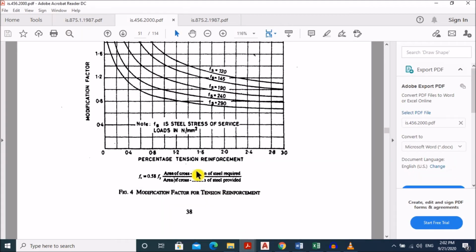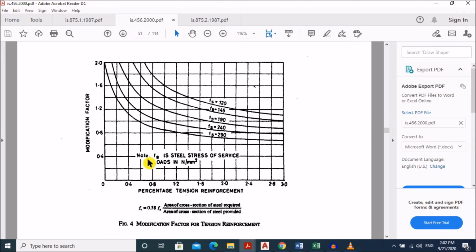Now we have to look at the figure graph. This is 240, and 271 lies between 290 and 240. And the percentage of tension reinforcement is 0.22. So we have to interpolate it like this, right?